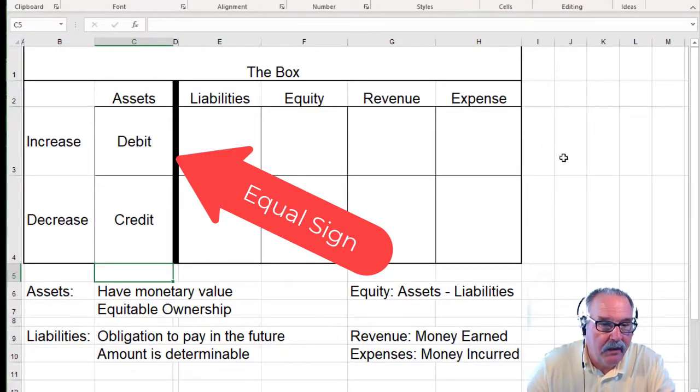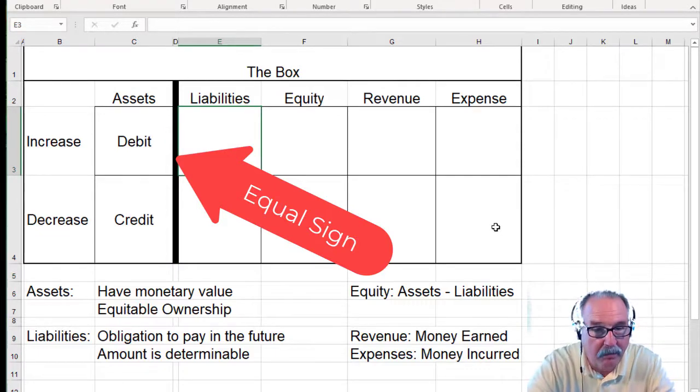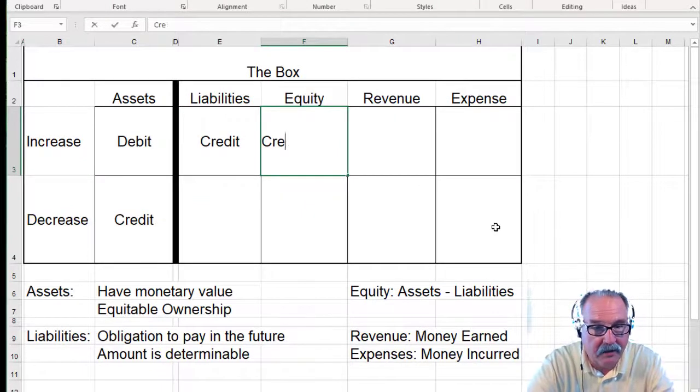Now, the black line is the equal sign. And so we know when we jump over the equal sign, things flip over. They're the opposite. So now liabilities go up with a credit. Equity goes up with a credit. Always.